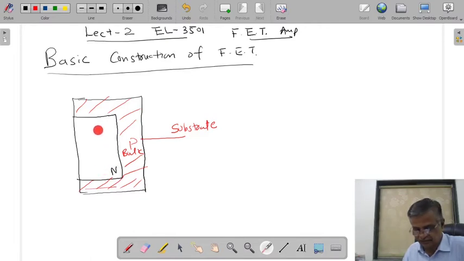This is N-type material. In this N-type material, heavily doped P-type concentration is diffused. So this is your heavily doped P-type material diffused into N-type.